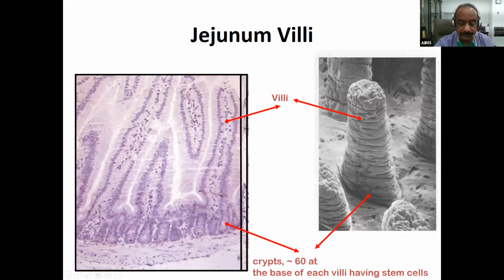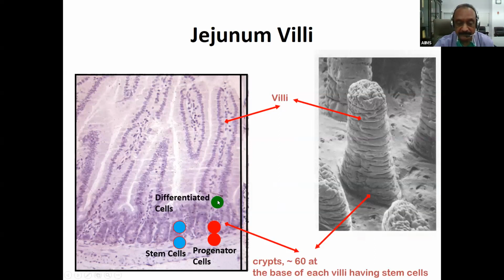We know at the base of villi there are crypts which contain stem cells. Now these stem cells are non-functional cells. They divide and give rise to progenitor cells. Progenitor cells are also non-functional cells. They further divide and give rise to differentiated cells, which are now functional cells.